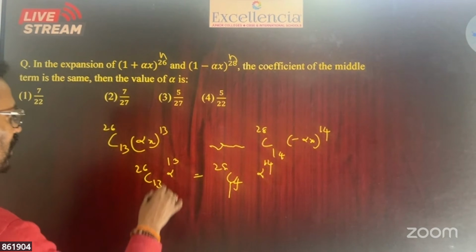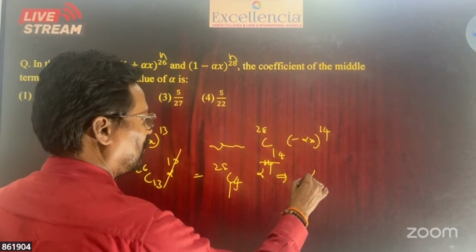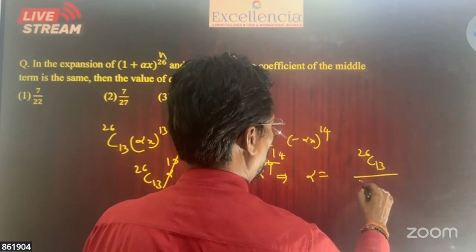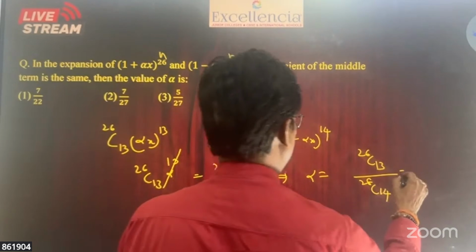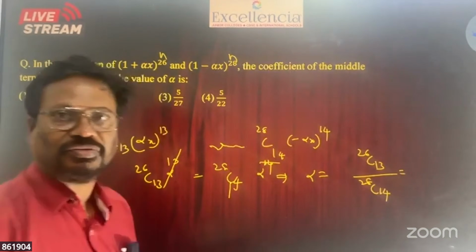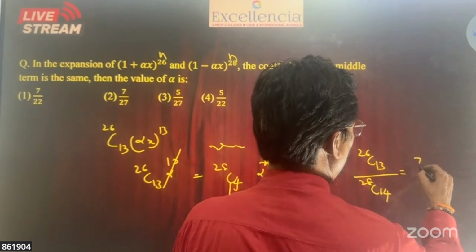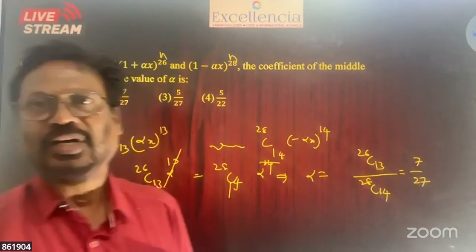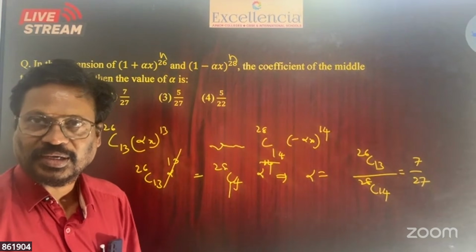So here if we cancel this, we are going to get alpha. So alpha becomes 26C13 by 28C14. Now, if I simplify by using the binomial coefficients, this becomes 7 by 27. So this is also very simple, and this is how many questions we got.